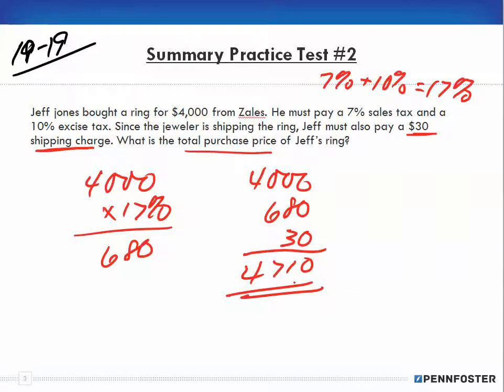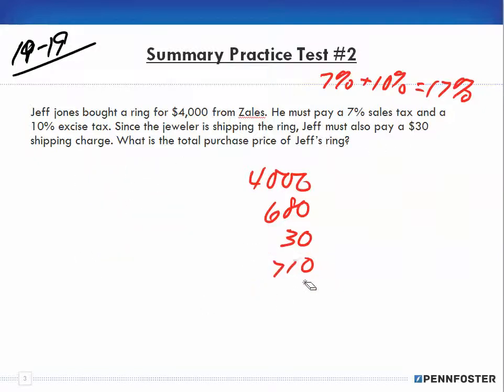Now, if you went back to 19-19 and saw me explain that problem, I gave half of a shortcut there, and I'm going to give the other half here.